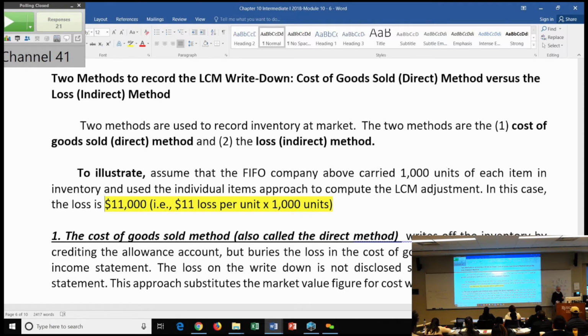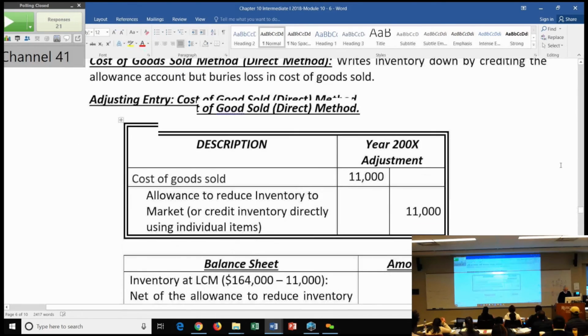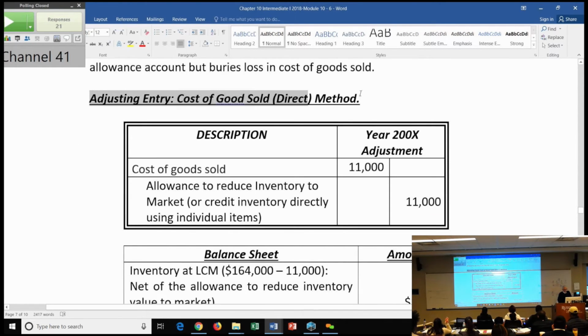The entry you would make, if this was going to the cost of goods sold, would be to debit the cost of goods sold and credit the allowance.